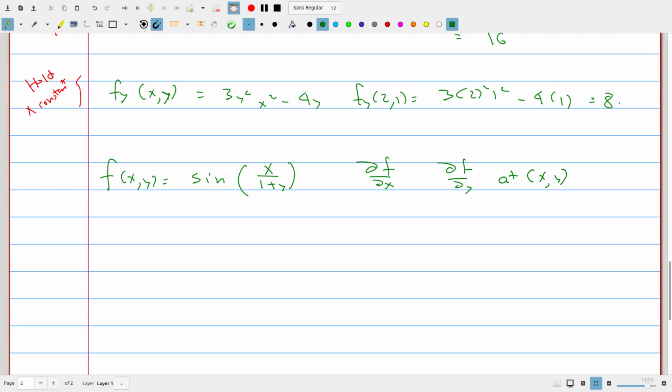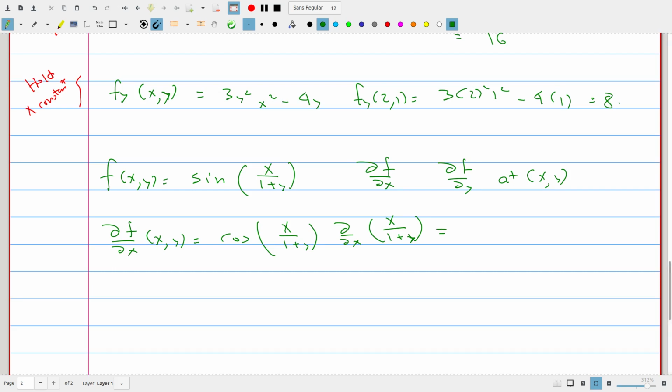So df over dx at x y equals, first you differentiate the whole thing: cosine of x over 1 plus y, times d over dx of x over 1 plus y. This is a composite function, so we use the chain rule.